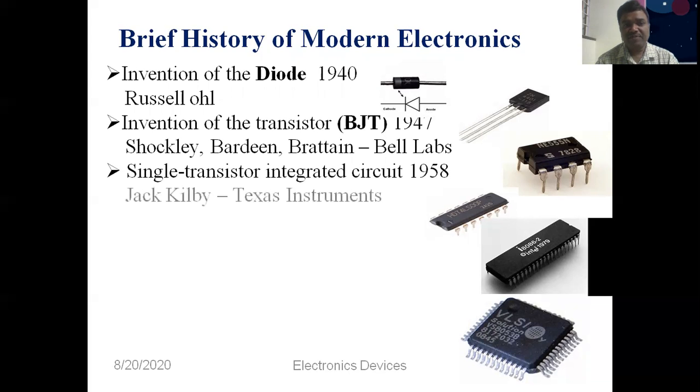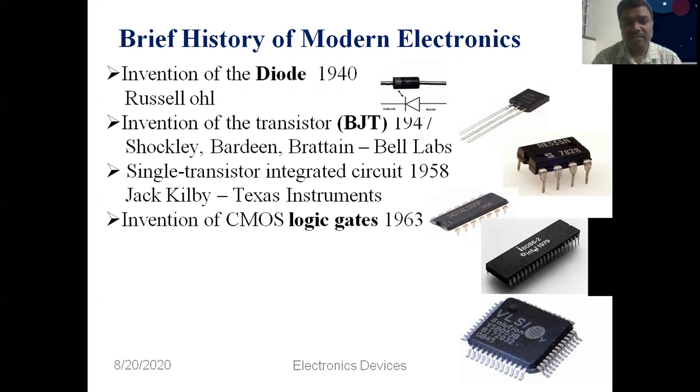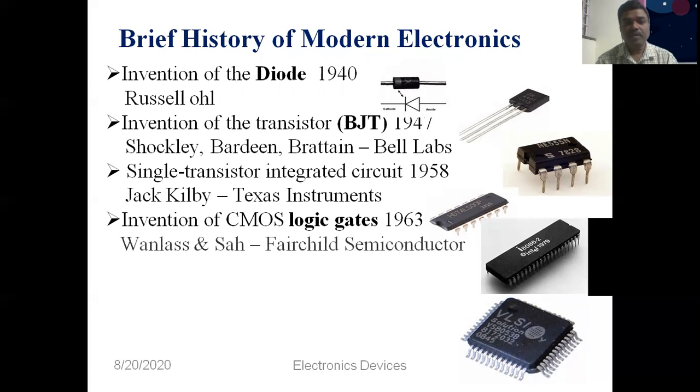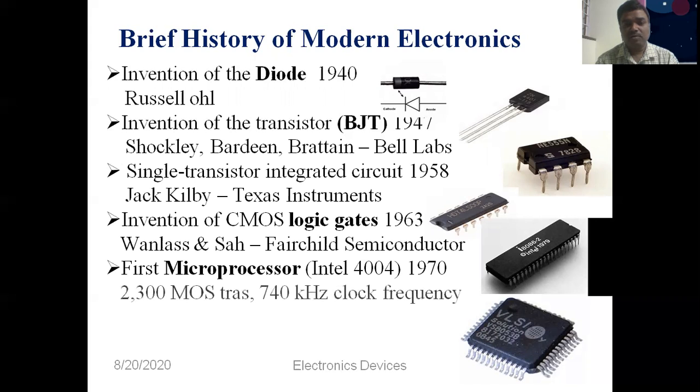Next, in 1950, the IC, that is the integrated circuit, was introduced. Combining BJTs, diodes, and other small elements, the IC was fabricated in 1958. Next, in 1963, CMOS logic gates were introduced. In 1970, the first microprocessor, the Intel 4004, was introduced.